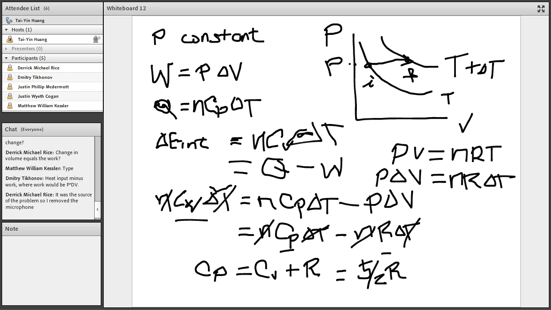For monatomic, Cv is always 3/2 R, Cp is always 5/2 R. And for other gases, your Cv and Cp will change accordingly, right? Any questions so far? The important thing is that Cp and Cv are equal to this. Okay? Any questions so far?